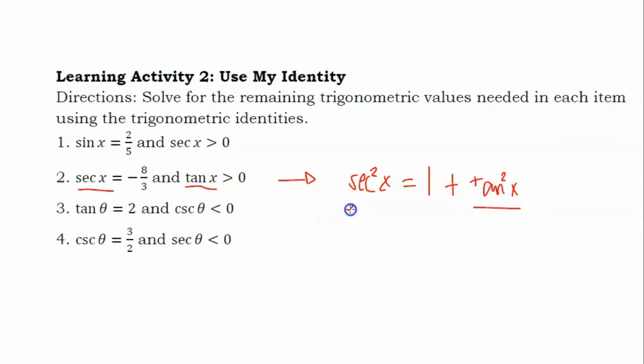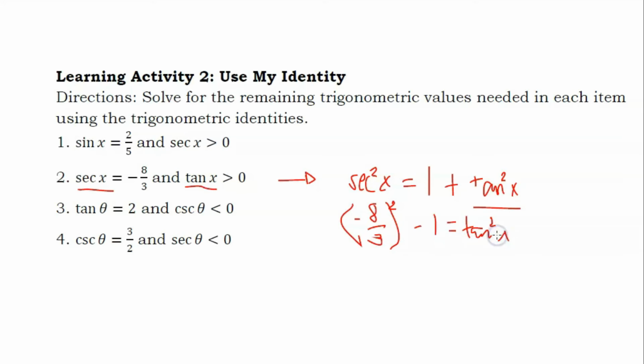In solving for the tangent x, we will just manipulate the equation or substitute right away. So we have negative 8/3 squared, since it's secant squared x, and we will just minus 1, that will be equal to tangent squared x.